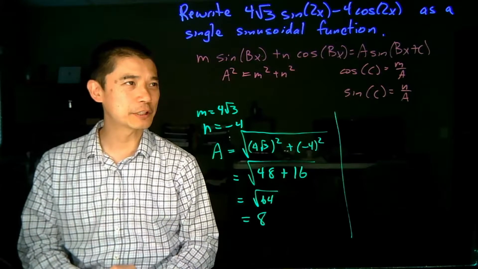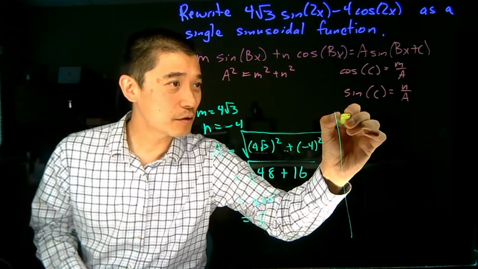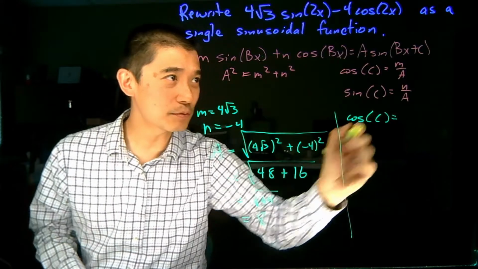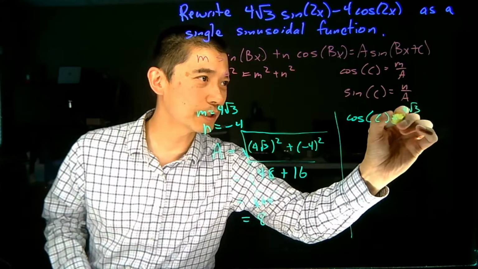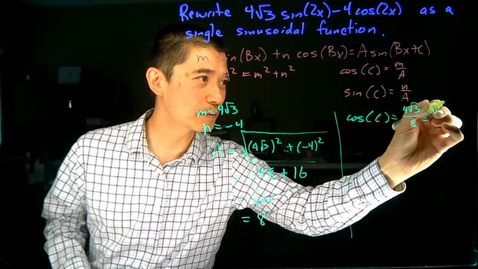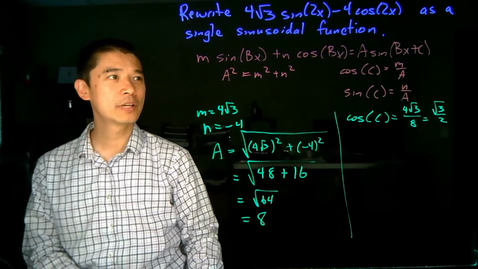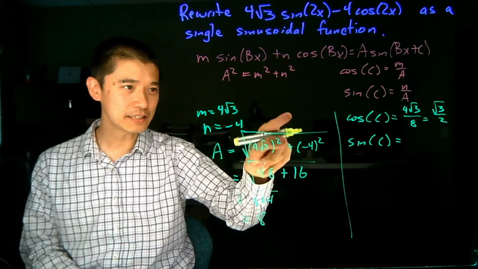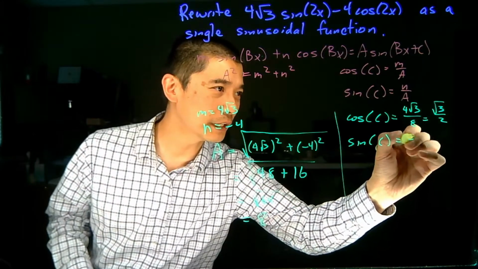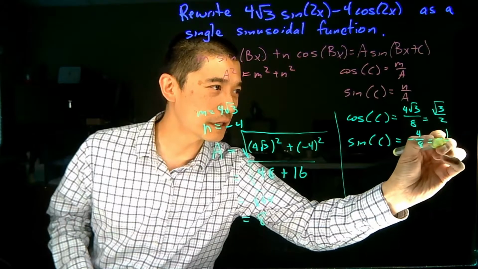What value of c are we going to get? Well, we have cosine of c equal to m over a, so 4 root 3 over 8, which is the same as root 3 over 2. And then sine of c is n over a, which is negative 4 over 8, which is negative 1/2.